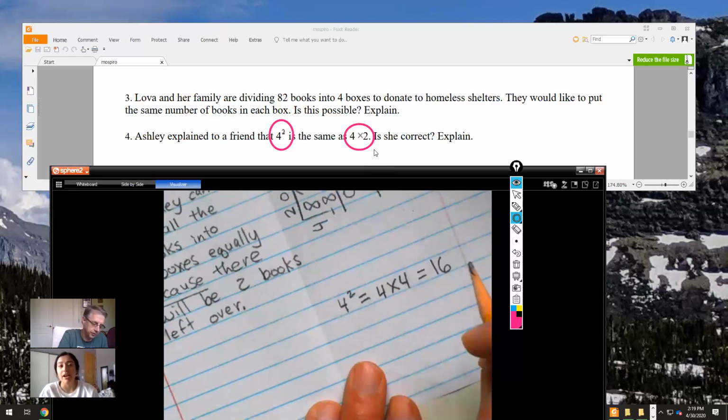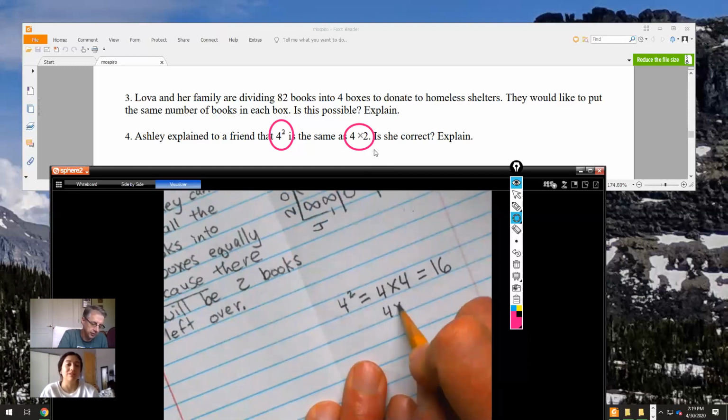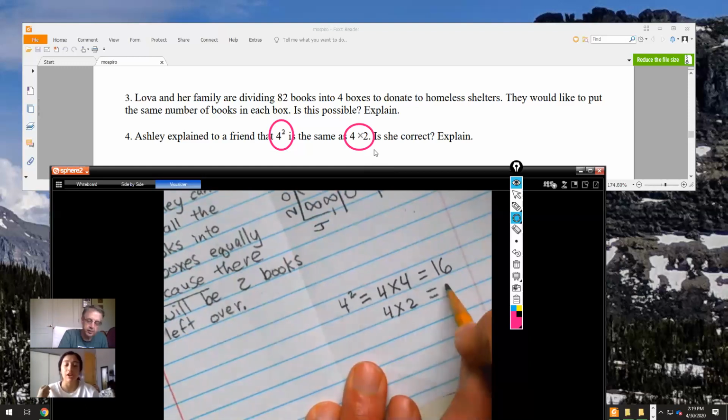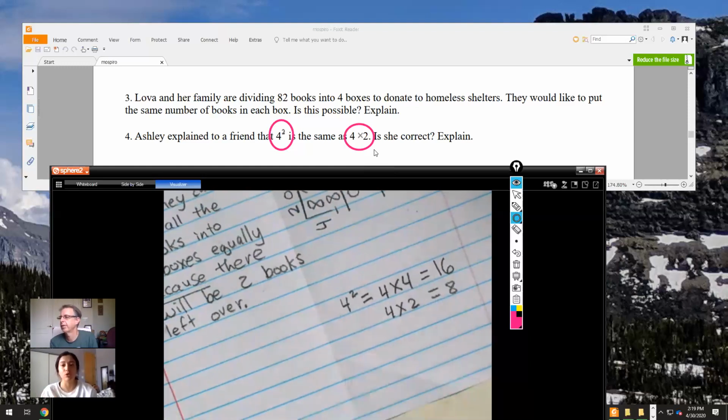What Ashley did was she took that 2, the exponent, and multiplied it by her 4, which would give her 8.